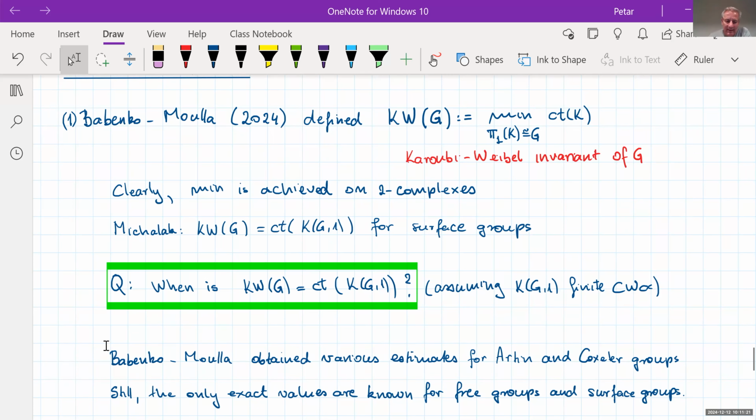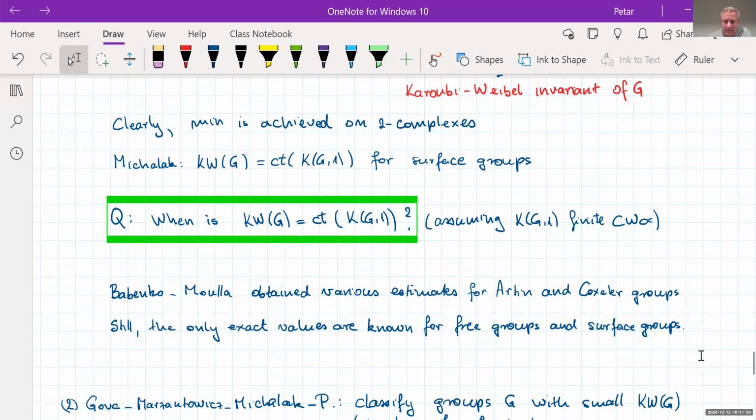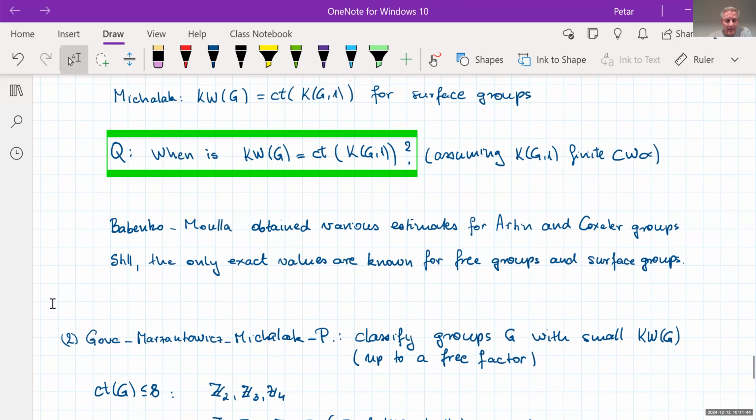But still, nothing precise. The only exact values that we know for the moment are for free groups and surface groups, and nothing else. Everything else is just estimates. And mostly estimates are asymptotical. Even I think that we can improve some of those.